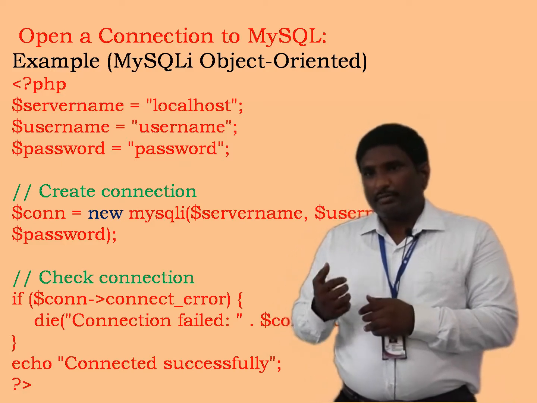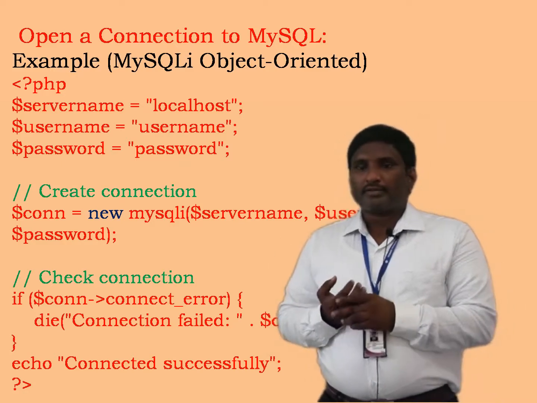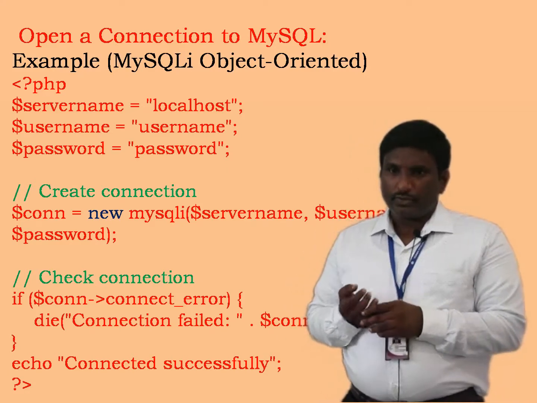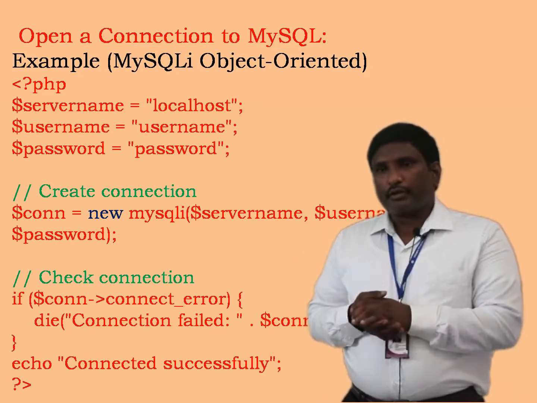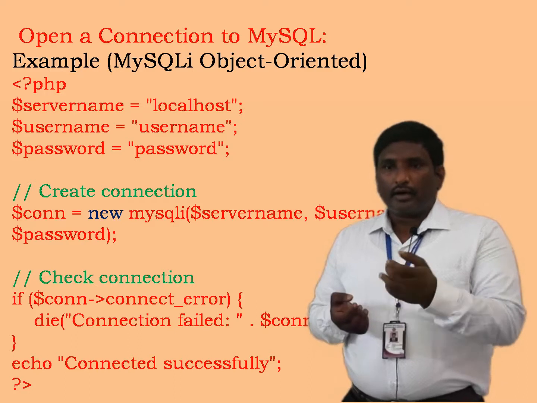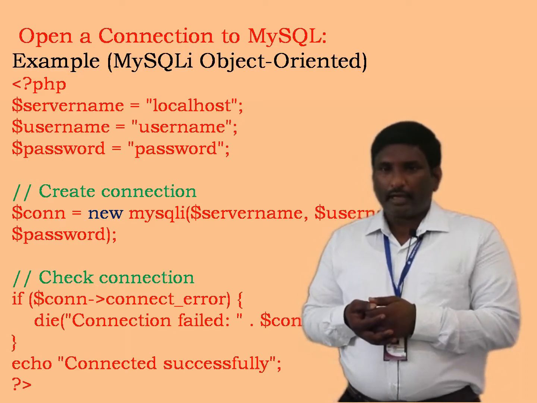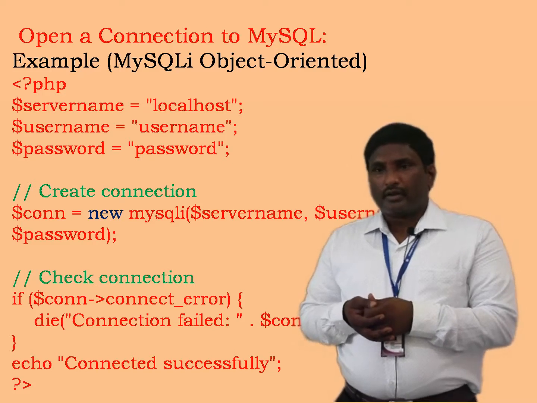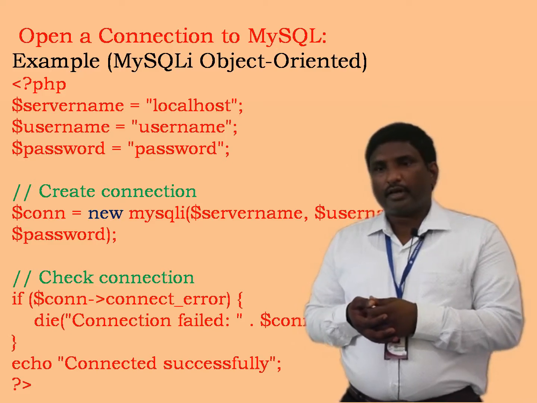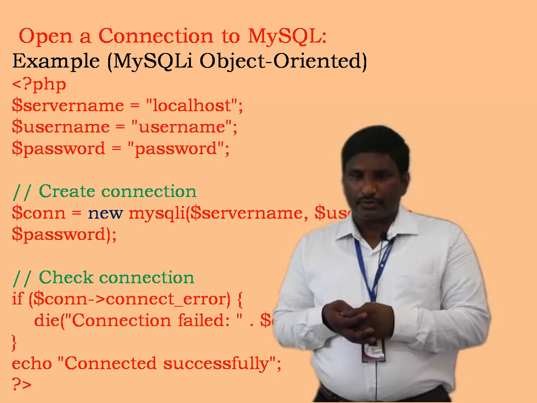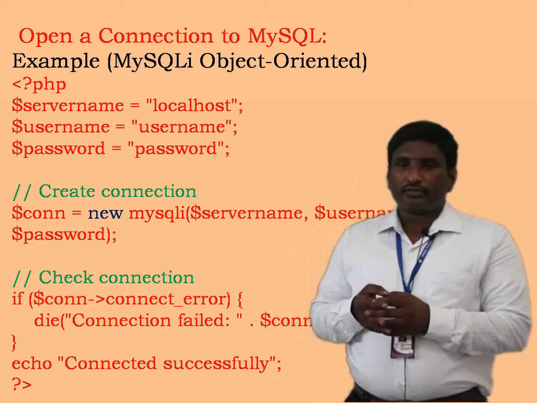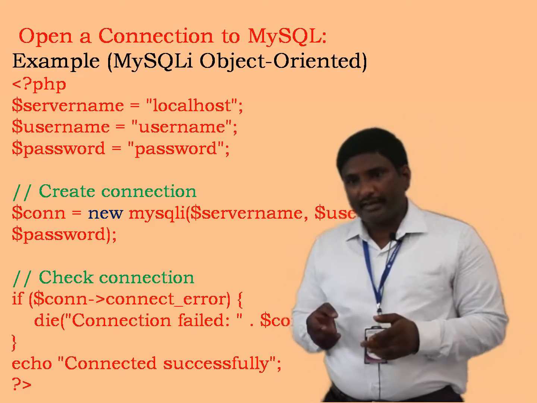These 3 parameters are passed as arguments to MySQLi. This is object oriented programming, so I have created a connection by using new mysqli with arguments $servername, $username, $password, so that the connection object $conn is created.